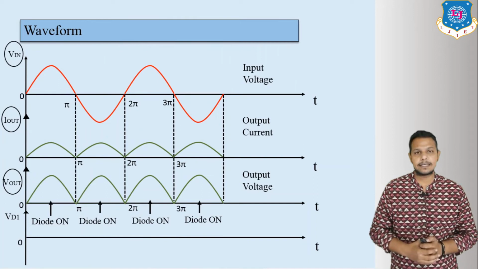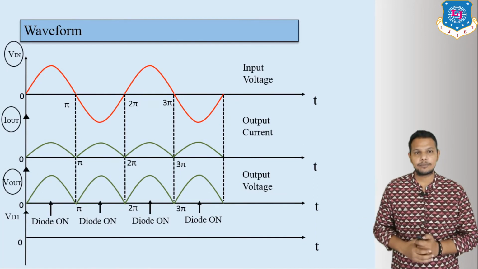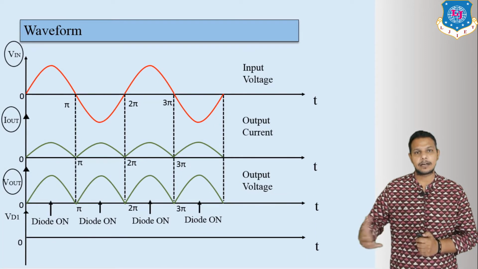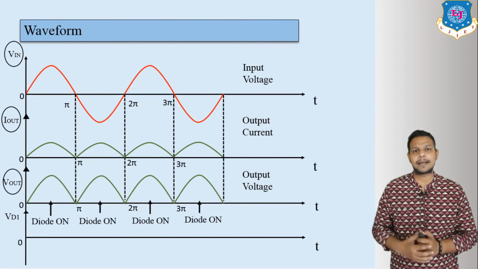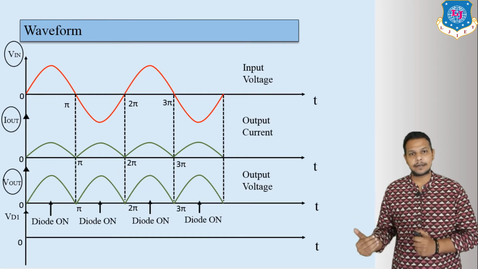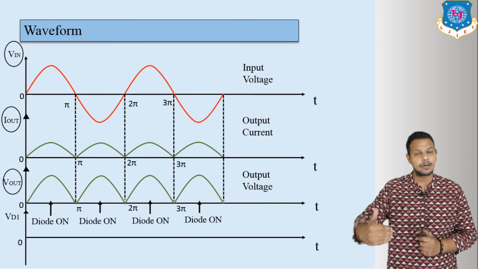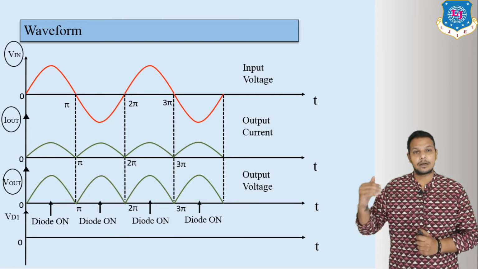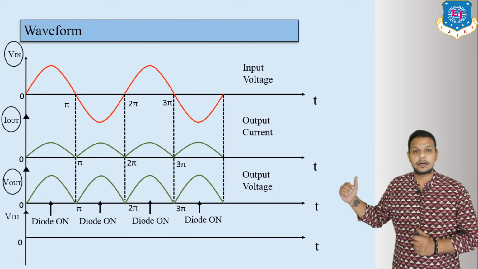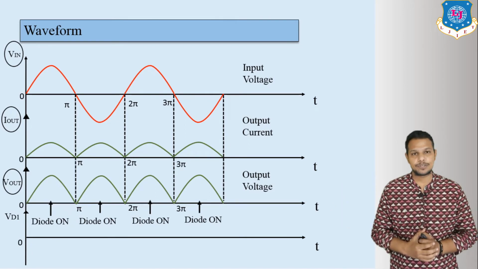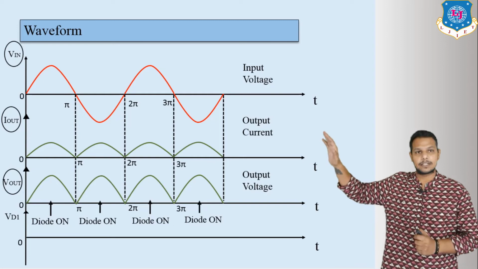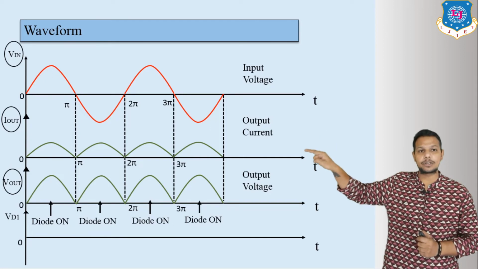Now these are the final four waveforms. As we discussed earlier, if we apply positive, then we will get positive from the output side. If we apply negative from the input side, we get positive from the output side. But here this indicates the output current.